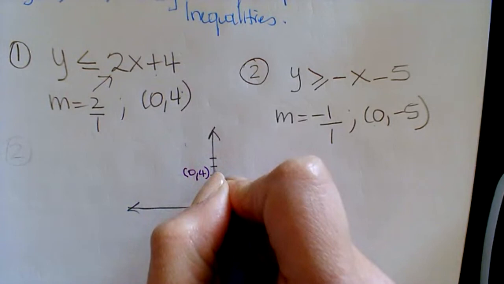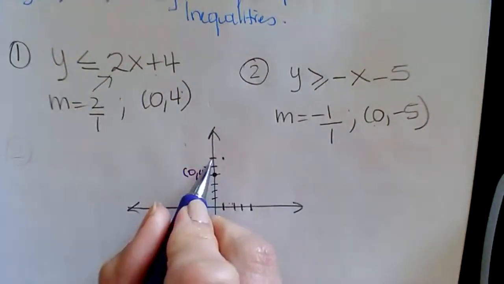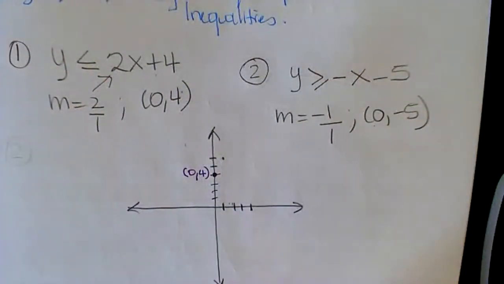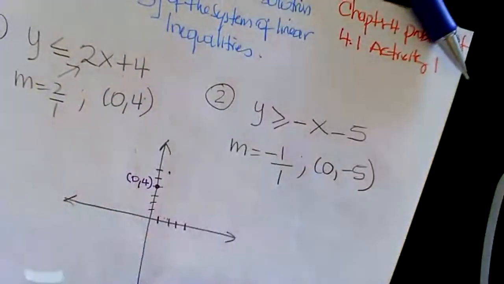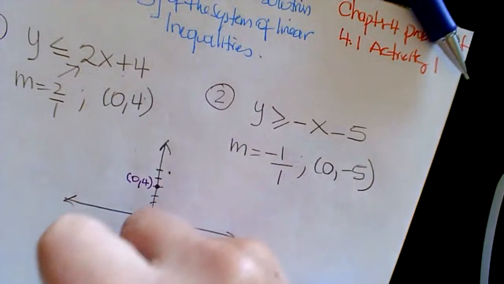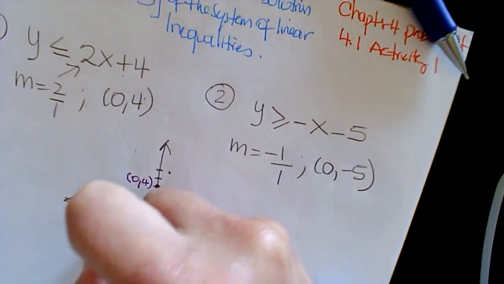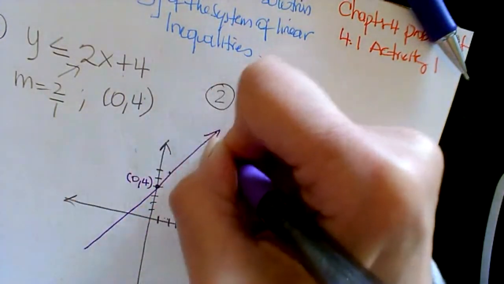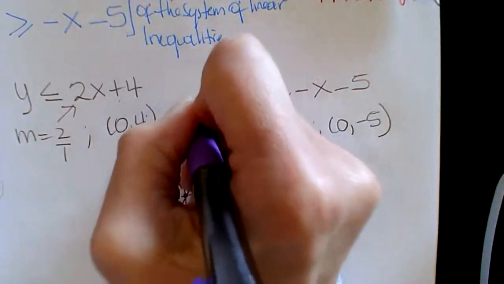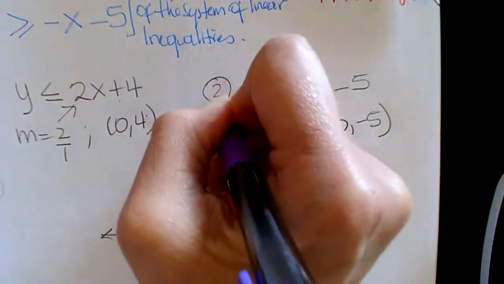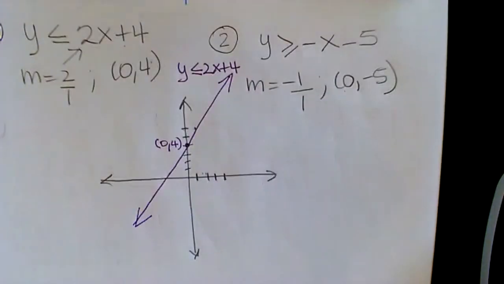Okay? You see it? I went 2 up and 1 to the right. And the line is going to go this way. This is y less or equal to 2x plus 4.